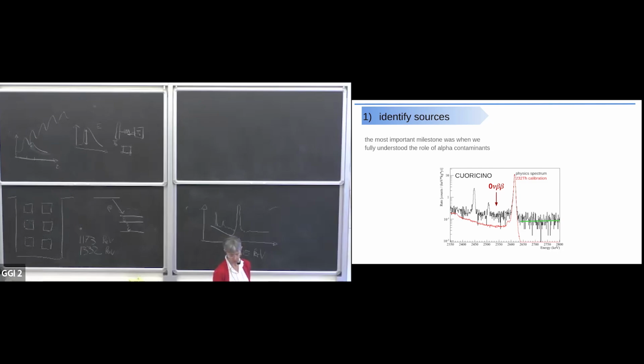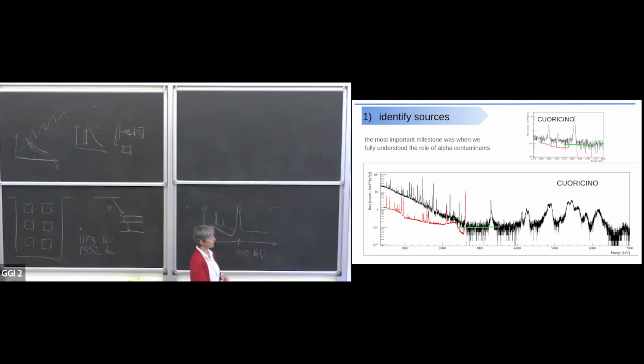It's quite reasonable. So if I show you the spectrum on a wider range, you can see that there are a lot of peaks in the energy region that is generally called the alpha region, because it's populated by alpha lines.